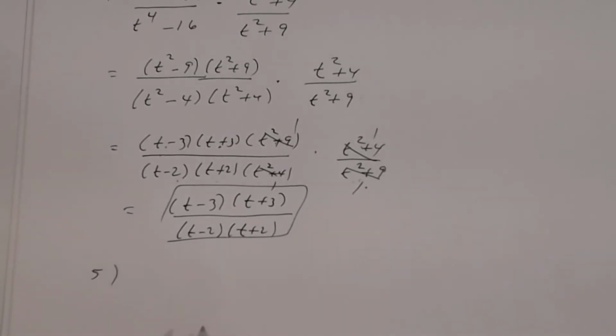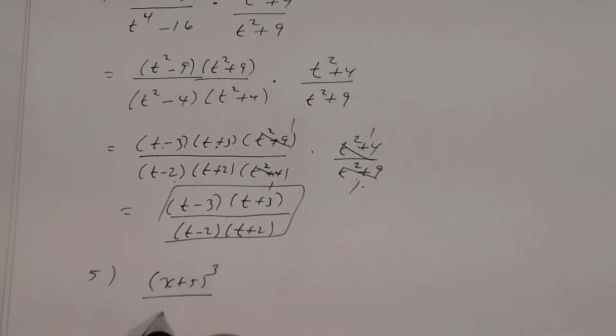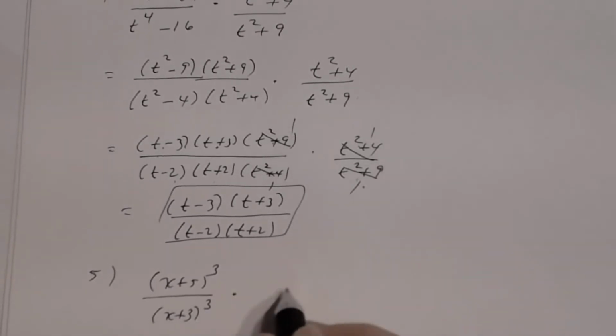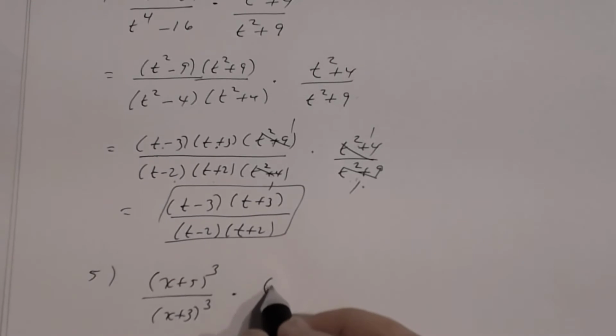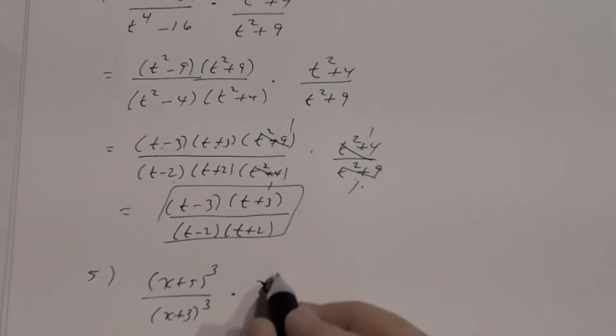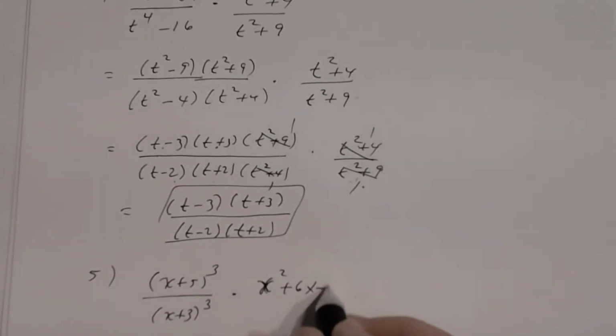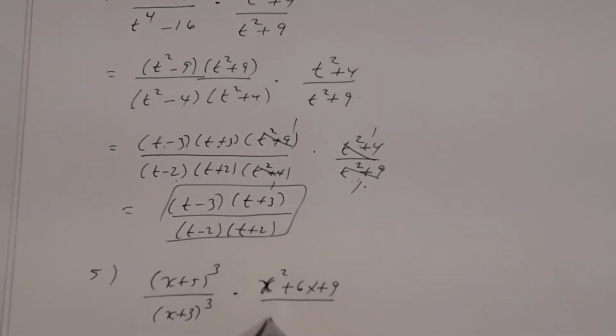All right, number 5. Number 5, we have x plus 5 cubed divided by x plus 3 cubed times, and then on this rational expression, I have x squared plus 6x plus 9 divided by x squared plus 10x plus 25.